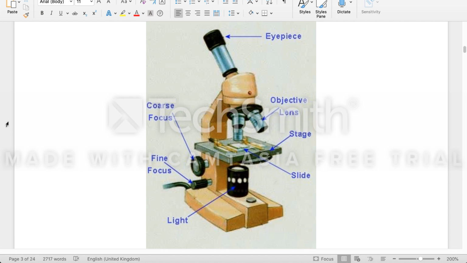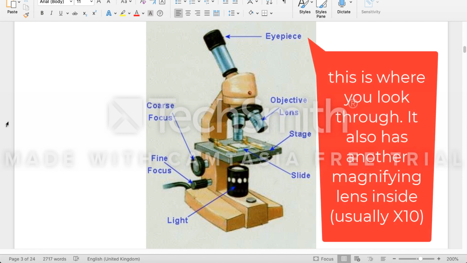All right, so the first part that we're going to talk about is the eyepiece, and the eyepiece is where you actually look through. The interesting part about the eyepiece is that it has another magnifying lens inside that most students forget about.